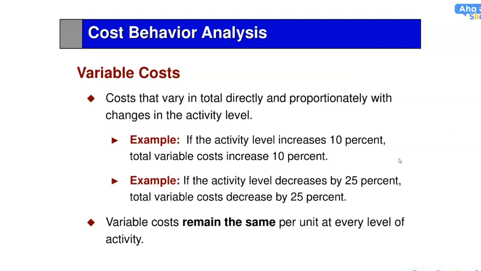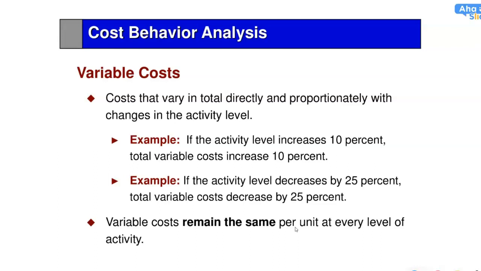The other thing about a variable cost is that variable costs remain the same per unit at every level of activity. What do I mean by that? I'm looking at wood. I've determined that wood is a variable cost, and it's 50 for the desk. If I produce one desk, the unit cost, notice we're talking the unit here, not total, is 50.